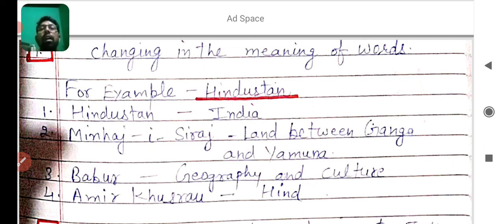A Mughal emperor Babur used it for the geography and culture of India. And a poet named Amir Khosrow used the word Hind for Hindustan. I think you got this point of how the meaning of Hindustan changed in the past.